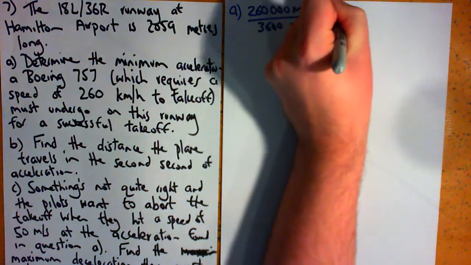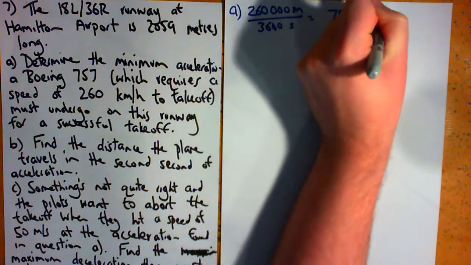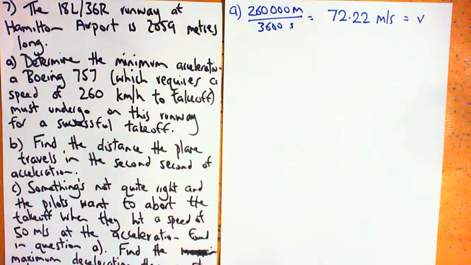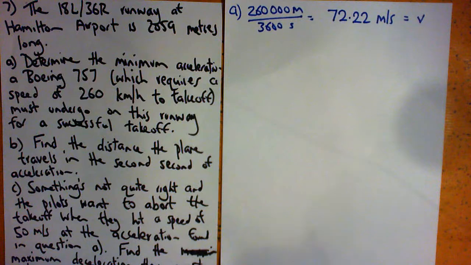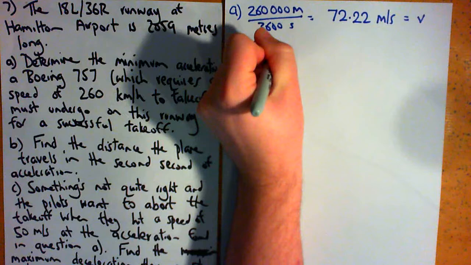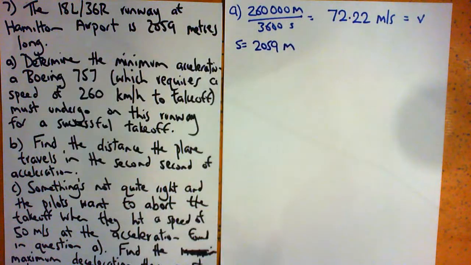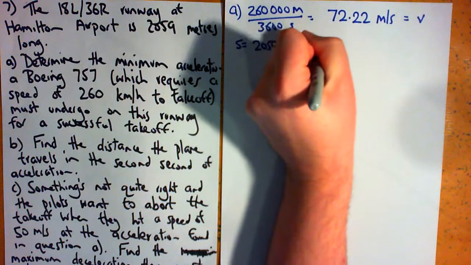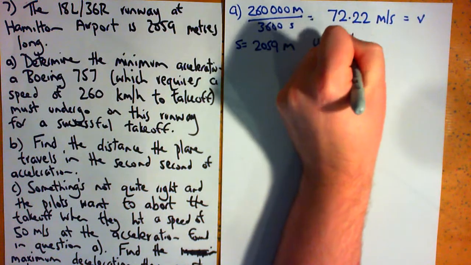If we calculate that, we get 72.22 metres per second, which must be the final speed on the runway. If the acceleration is the minimum, it must be travelling at 72.22 metres per second after a displacement of 2,059 metres. And we also know that the initial speed must be 0.